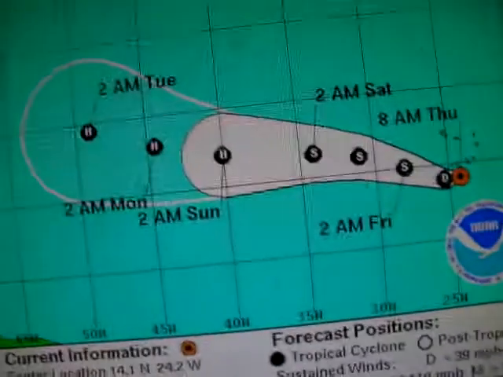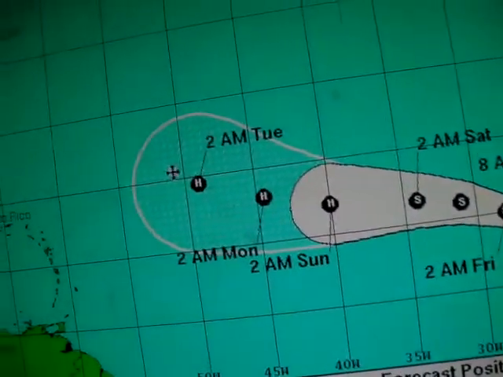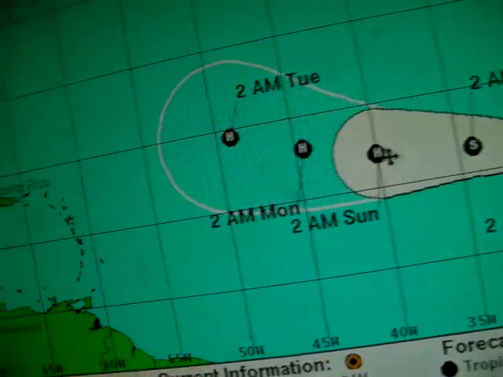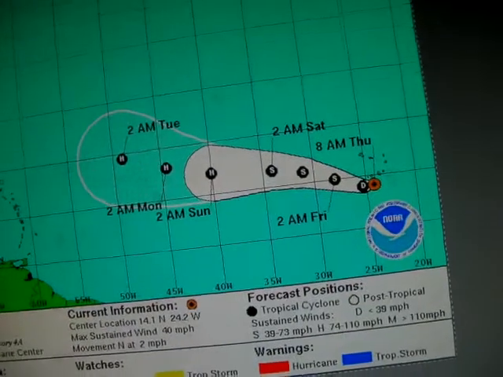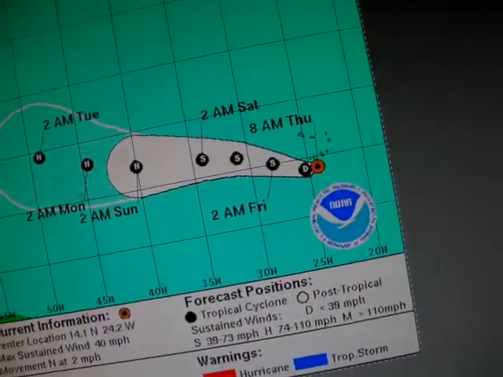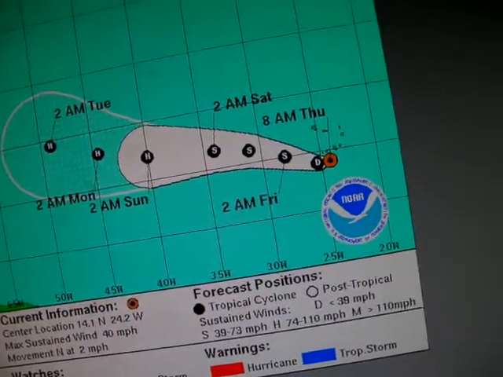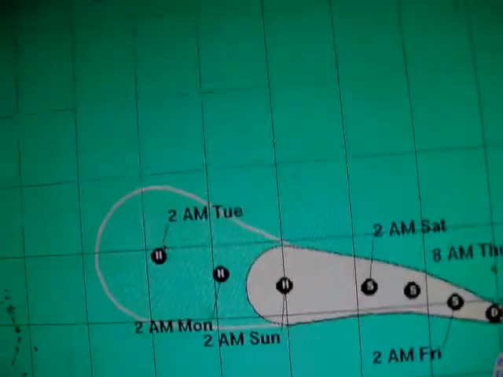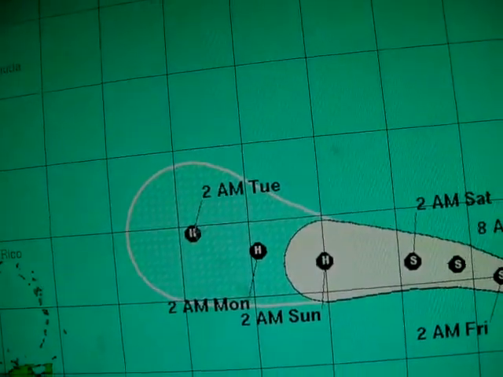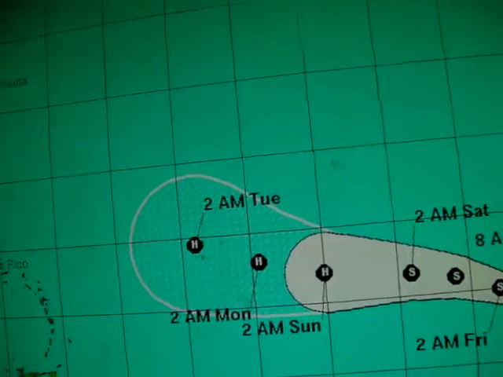Alright, projected path of Igor. As you can see, it's going to go in mainly a west-northwest pattern. This is what we're expecting it to do in the next 5 days. Right here is where the highest winds will be, where winds could be up to about 100 miles per hour.